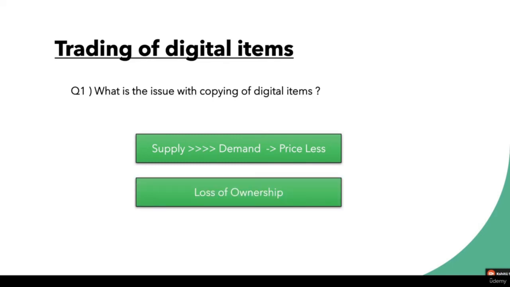Now the second issue. The second issue is there is no ownership in this case. Like it is a digital item, a photo or a painting. The person selling that digital photo or painting can provide you with a receipt. But that is not the problem. The photo that you are getting, how can you say that this photo belongs to you only? Did you understand what I am trying to communicate here? If we can create an exact copy of that photo, then there will be no difference between that copy and your copy.